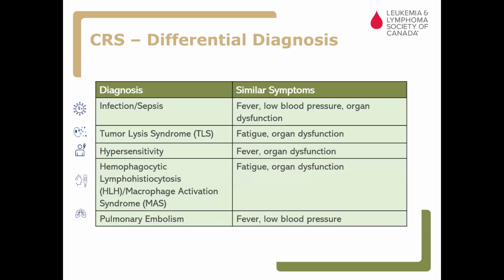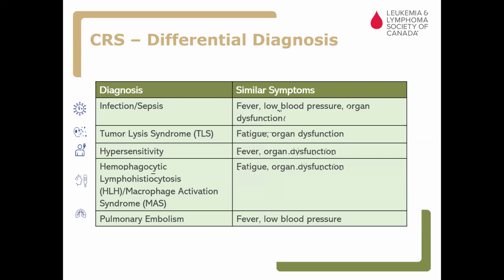So differential diagnosis for CRS, as I briefly touched on in the previous slide. Other differentials can include infection and sepsis. Similar symptoms include fever, hypotension, as well as late symptoms of organ dysfunction. CRS symptoms can also mimic another oncology-associated adverse effect known as tumor lysis syndrome or TLS.